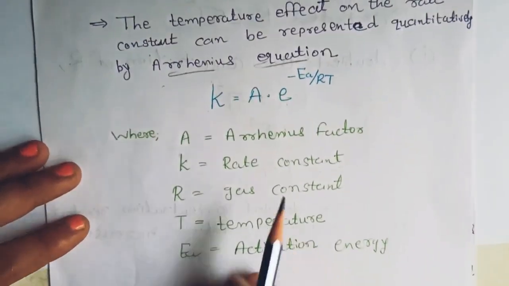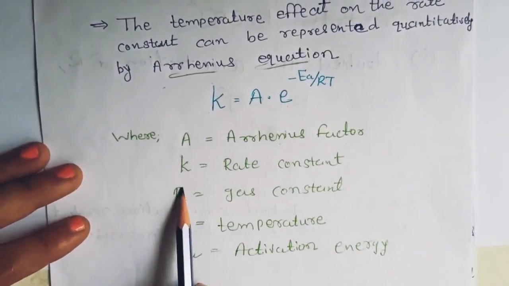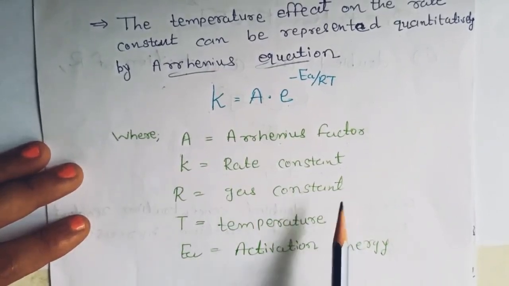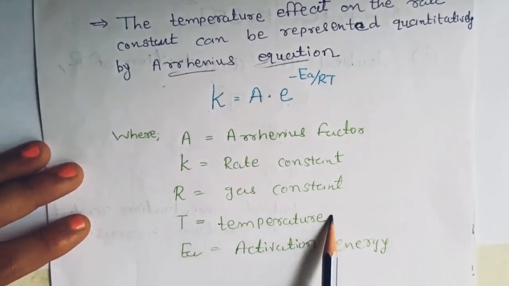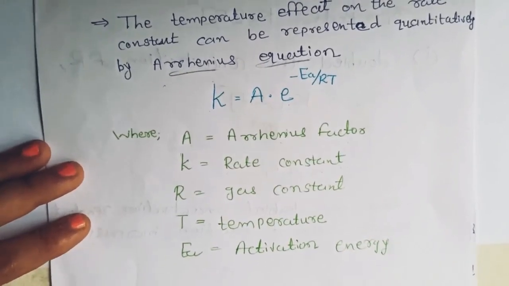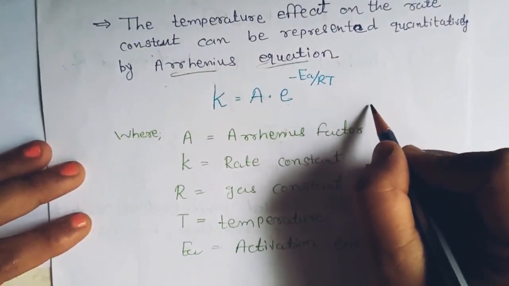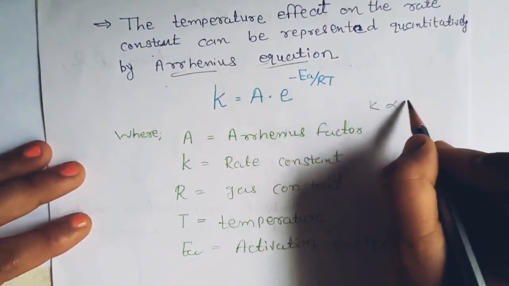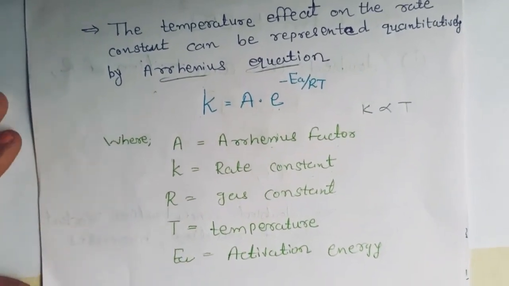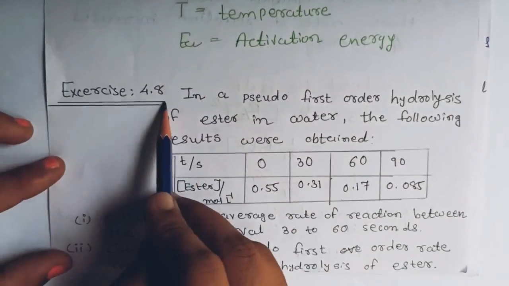Here A equals the Arrhenius factor, K equals the rate constant, R equals the gas constant, T equals temperature, and Ea equals activation energy. This means we can say that the rate constant is directly proportional to temperature.